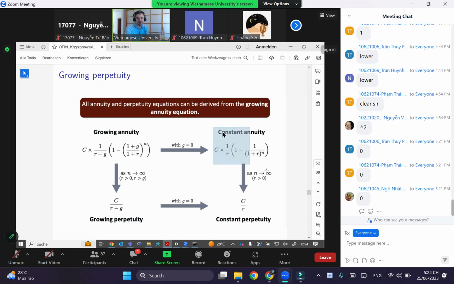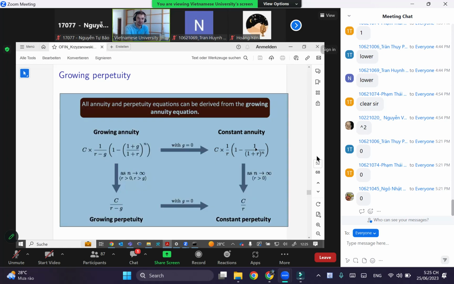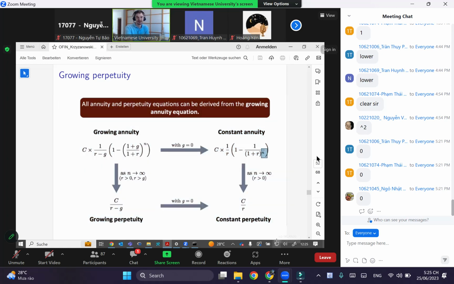Alternatively, you could also start from the constant annuity formula. What is the crucial difference between constant annuity and constant perpetuity? Well, the crucial difference is the number of periods, right?